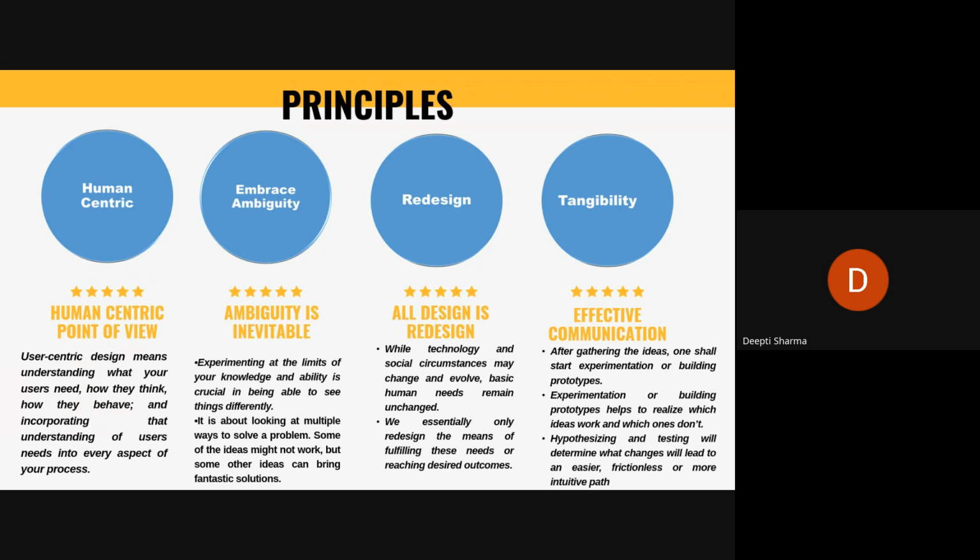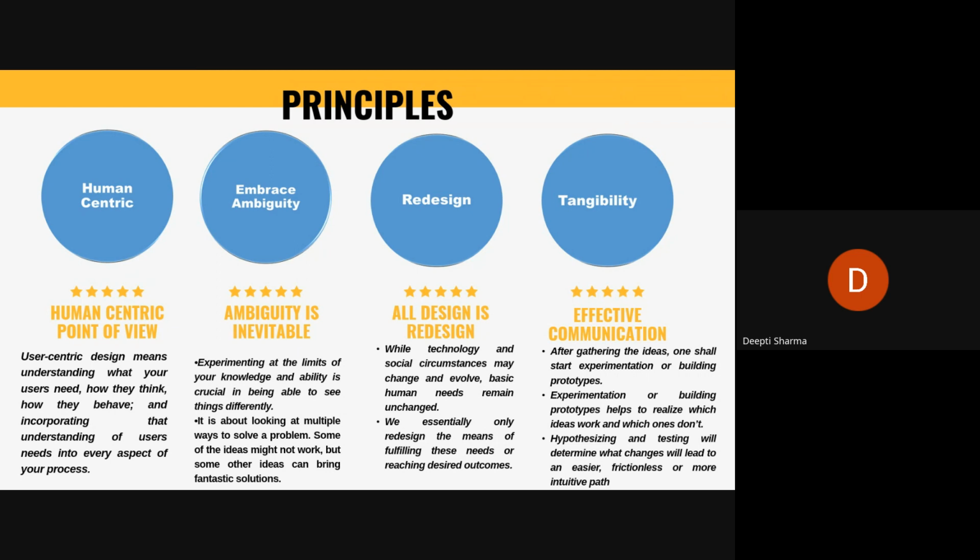And second is embracing the ambiguity. As we know that ambiguity is inevitable, so experimenting at the limit of your knowledge and ability is crucial in being able to see things differently. Every member's perspective should be considered in this.